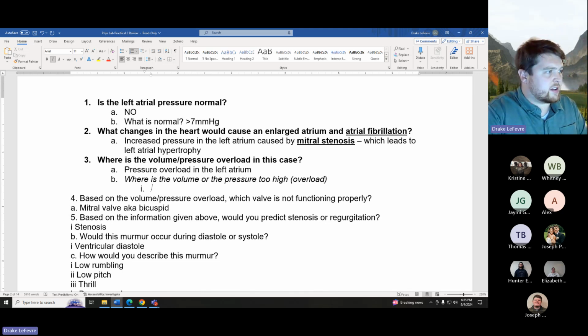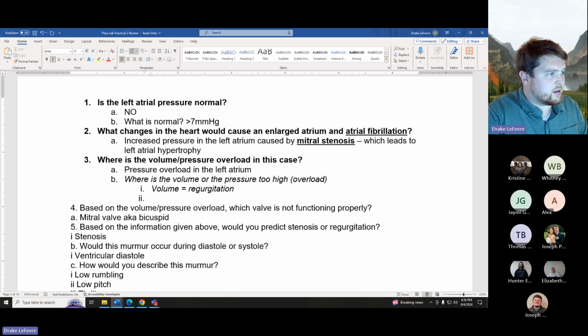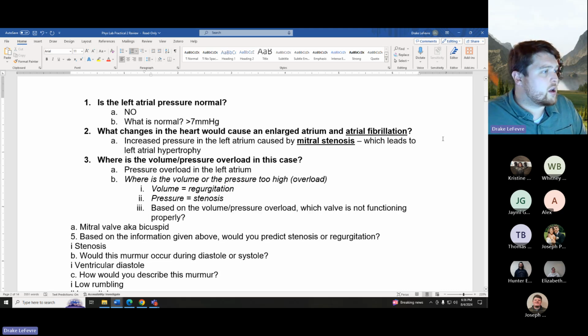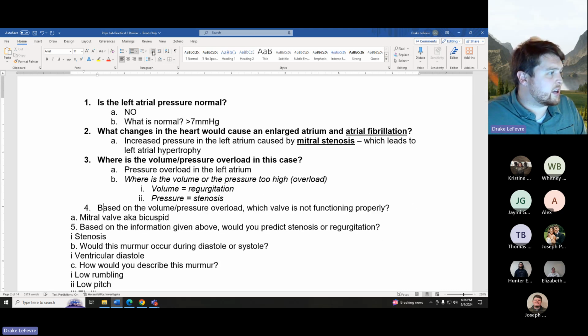So specifically, if it's volume, we're talking about regurgitation. If it's pressure, a little bit more stenosis. Based on the volume pressure overload, which valve is not functioning properly?